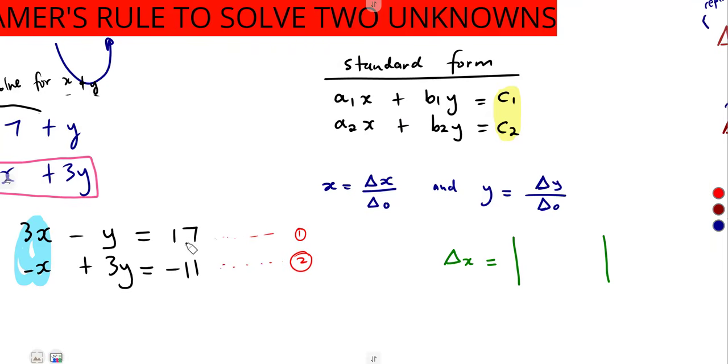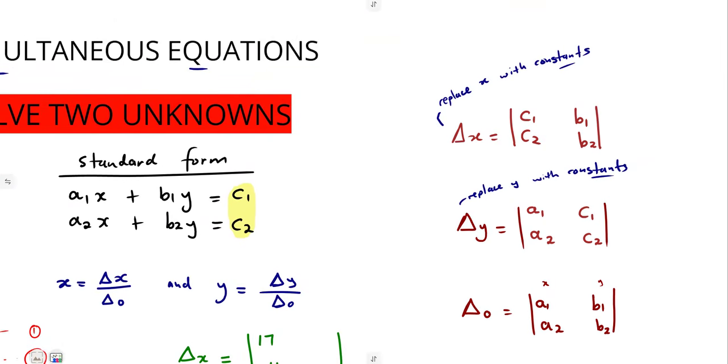All right, 17 minus 11. So in place of x, we are going to have 17 minus 11. The part of x is replaced with constants. But we saw that y is not affected at that moment. We are just going to take the coefficients of y as they are, b1 and b2.